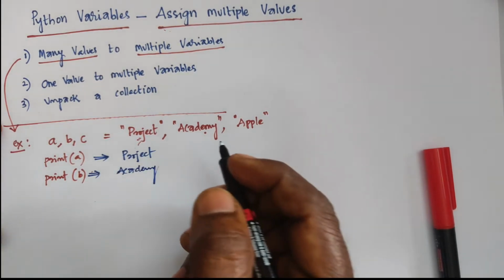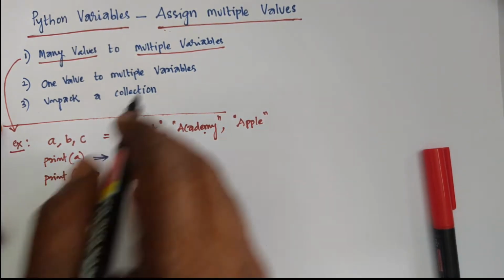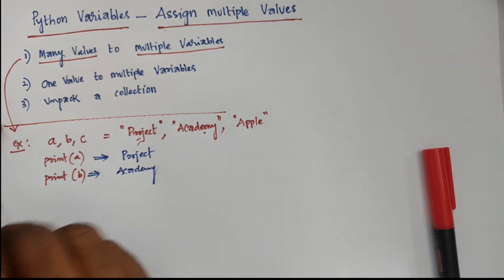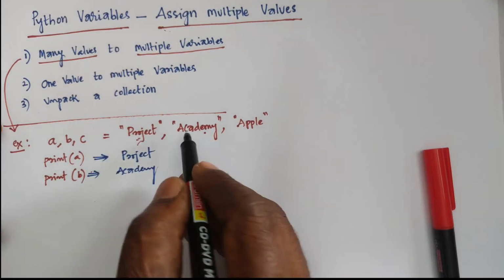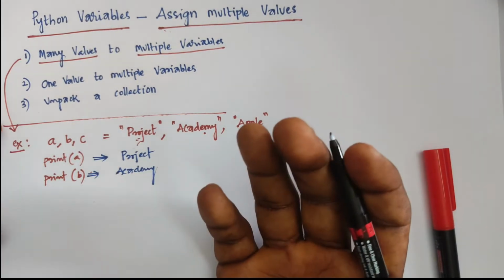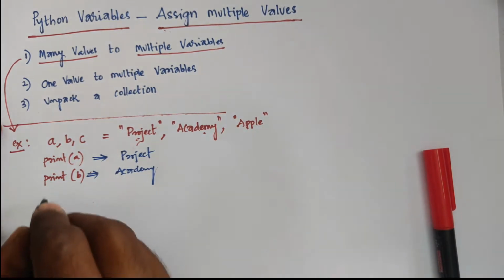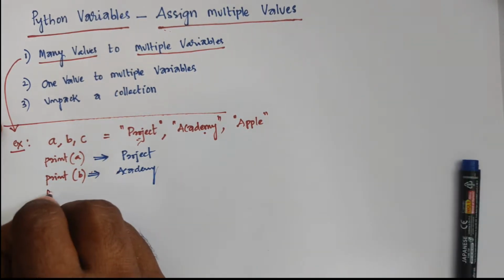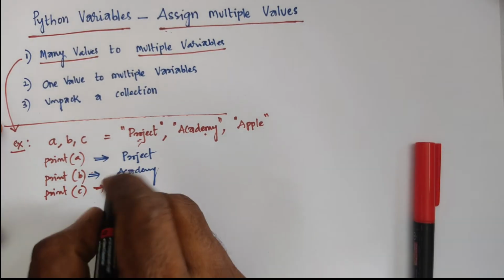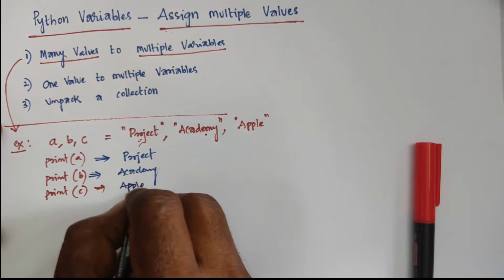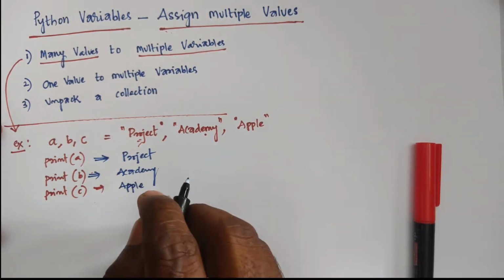We are sending multiple variables and multiple values. The left side has variables, and the right side has values, whatever the values are, string or number. Next, you can write print c, then you will get the result: apple. This is the example for many values to multiple variables.